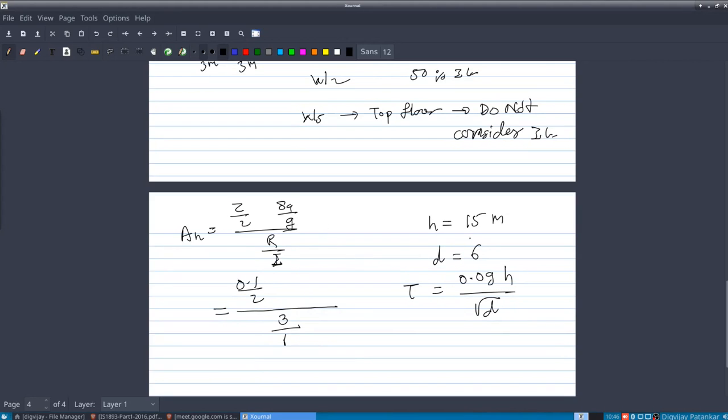So can you just do this calculation roughly and tell me what is this value? We will see. How much it is?